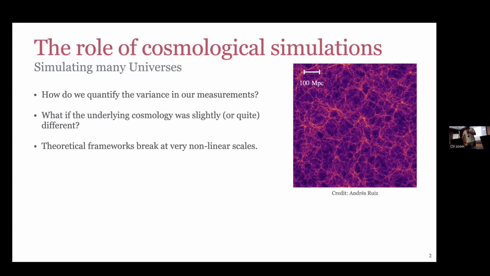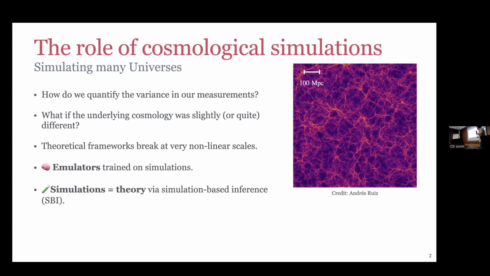More recently, people have started to build emulators for the nonlinear power spectrum, the bispectrum, some summary statistics. And for that, they need simulations. They need a sufficiently large training set.